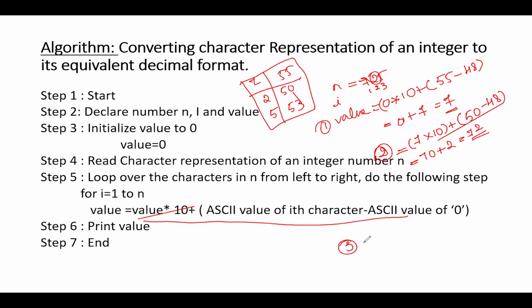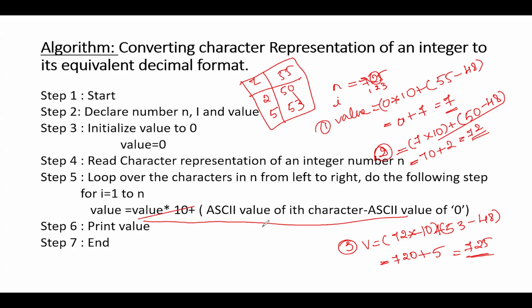is going to be once again value is equal to value, which is 72, into 10. And then the ASCII value of the next character which we are reading, 5, which is 53, minus the ASCII value of 0, which as we have seen is 48. That will give me 720 plus 53 minus 48, which gives me 5, which is nothing but 725.